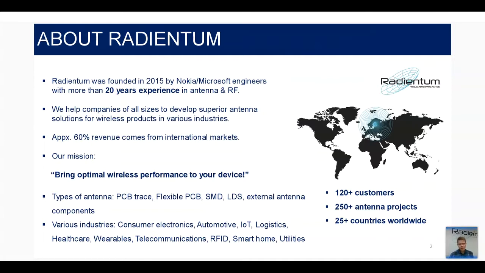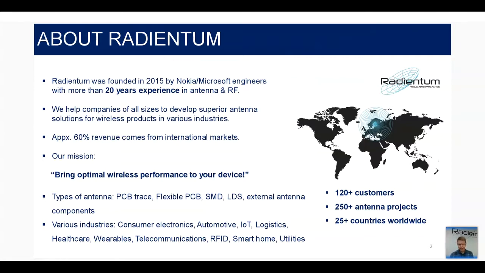The typical antennas we are working with are PCB trace antennas, flexible PCBs, SMDs, LDS, and also external antenna components. We are working with various industries like consumer electronics, automotive, IoT, logistics, healthcare, wearables, telecommunications, RFID, smart home.